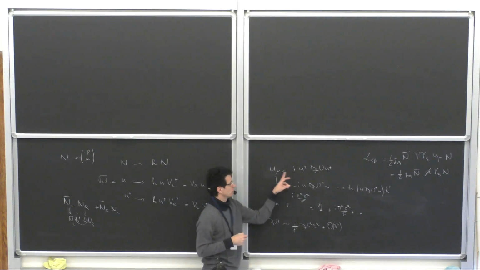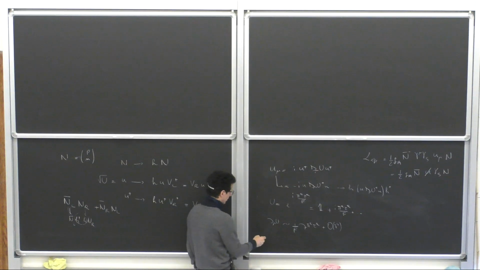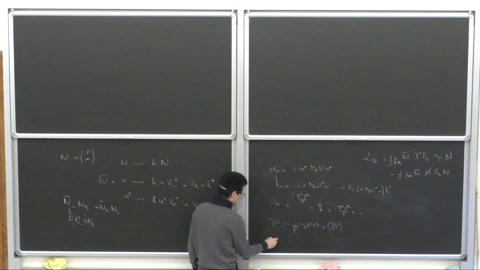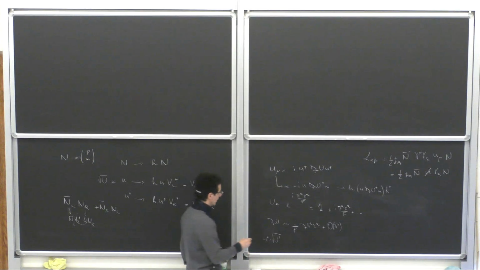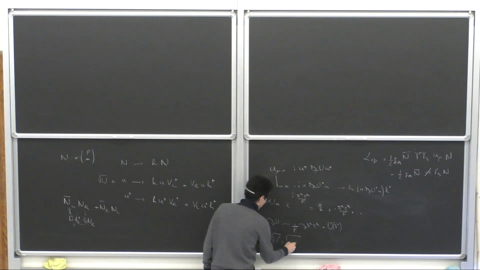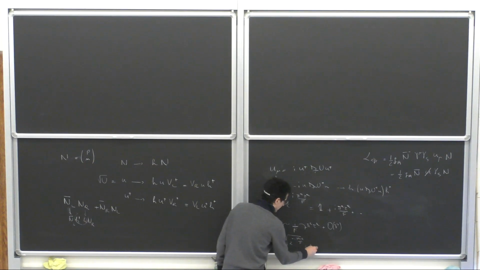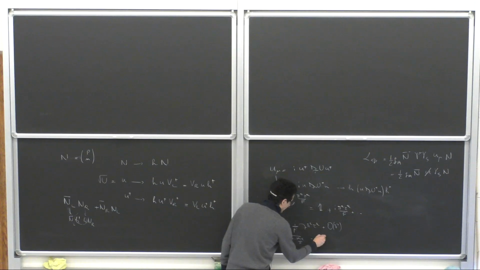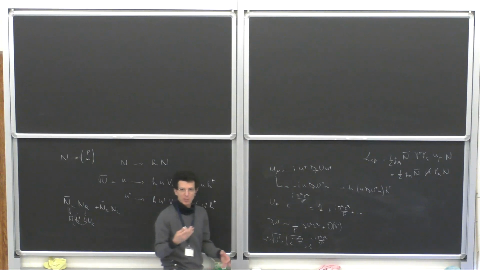Then in the expression of u_mu, there is also this lowercase u dagger. Okay, what is u dagger? It is the square root of capital U dagger. So it is the square root of e to the minus i pi^a tau^a over f. So it is e to the minus i pi^a tau^a over twice f. What is it? The exponential of a matrix.